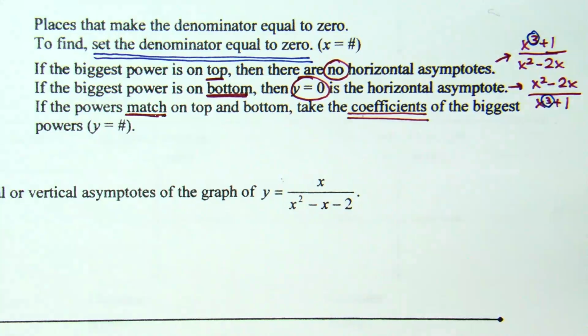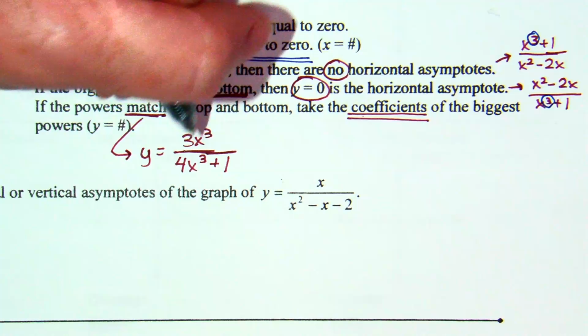Biggest power on top is the only power on top, right? 3x to the third. What's the biggest power on bottom? The term that has 4x to the third. What are the coefficients? 3 and 4.